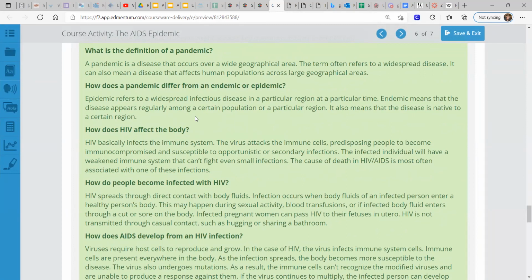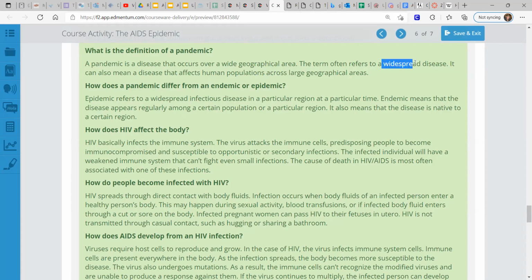Endemic means that the disease appears regularly among a certain population or a particular region. It also means that the disease is native to a certain region. So those are more regional, while pandemics are global and wider geographically.